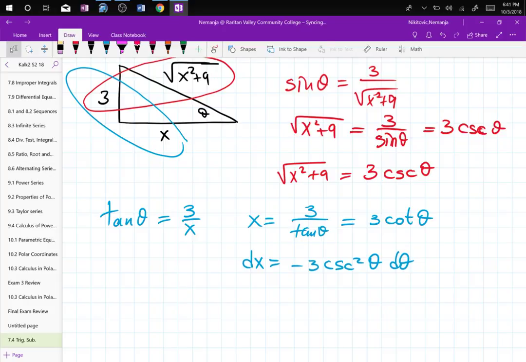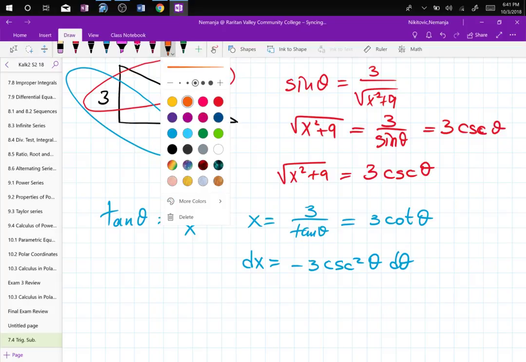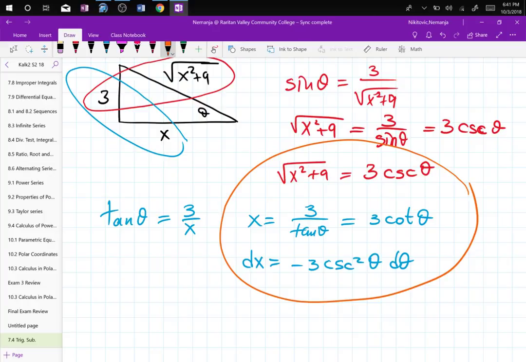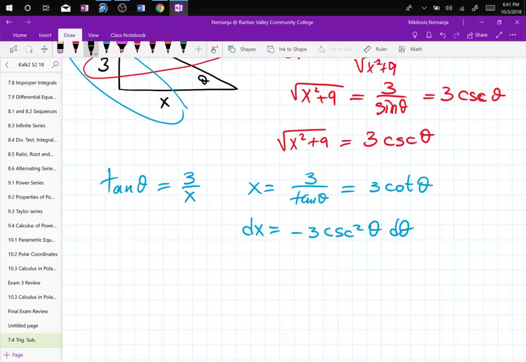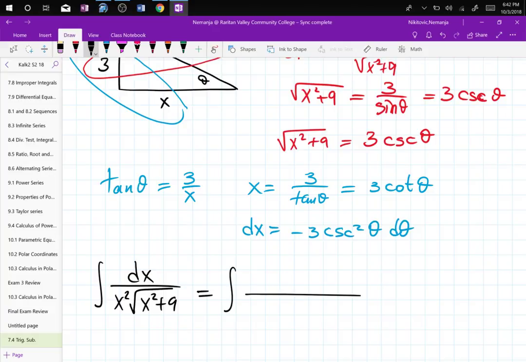Perfect. Technically, all of our substitutions landed in here. You have to sub for x squared, so that's going to be 9 cotangent squared over there. You have to sub for the square root, and you have to sub for dx. You just plug them in like little Legos. So now our integral of dx over x squared times the square root of x squared plus 9 gets replaced by: dx is negative 3 cosecant squared theta d theta.